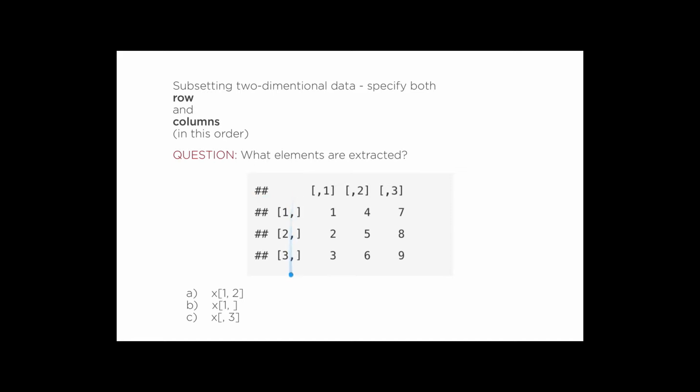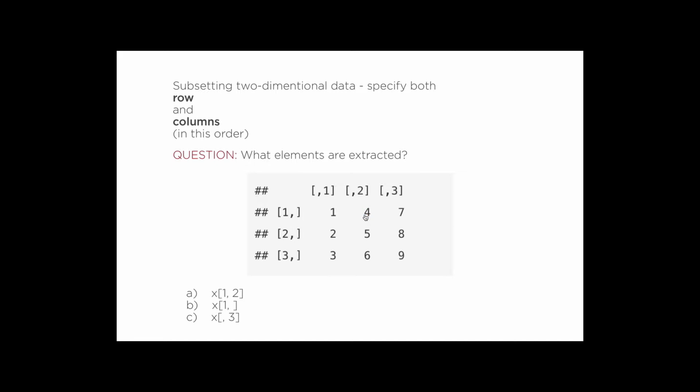So if we extract element 1, 2, we're extracting the element from row 1 and column 2. So we have to look and locate where row 1 is and where column 2 is. So in this case, it's number 4.